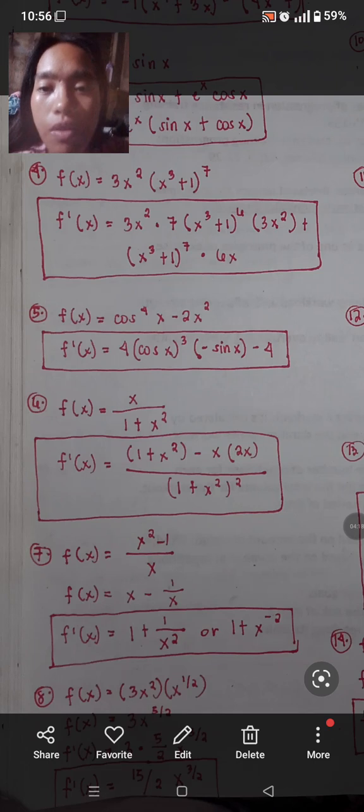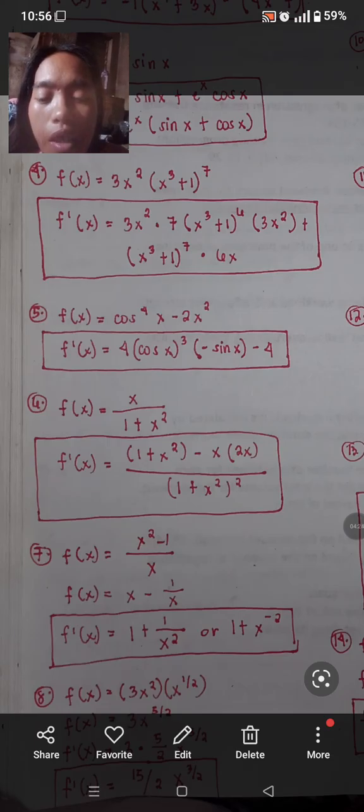Next is number 6, we have f of x is equal to x over 1 plus x squared. So for the derivative of f of x we will use the quotient rule, so f prime of x is equal to the quantity of 1 plus x squared minus x times the quantity of 2x, all over the quantity of 1 plus x squared.